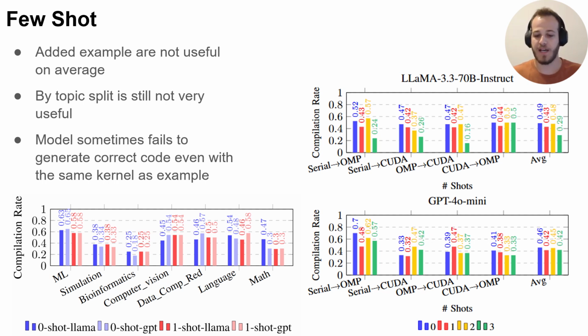And actually, when we added a specific example and gave it the exact same translation tuple to try and translate, we saw that sometimes it even missed in these scenarios. So it missed some small detail that caused it to not compile, even when it had the exact same kernel that it was supposed to spit out as part of the prompt.